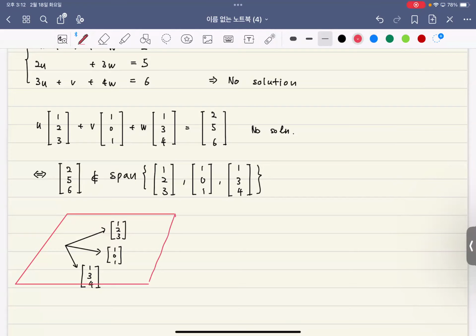All these 3 vectors are contained in one single 2-dimensional plane. And I guess this last vector, 2, 5, 6, must be somewhere around here. If the last vector, 2, 5, 6, is not contained in this plane, then you cannot achieve it as a linear combination of these 3. So this is the only possible explanation why there is no solution, according to the column picture.